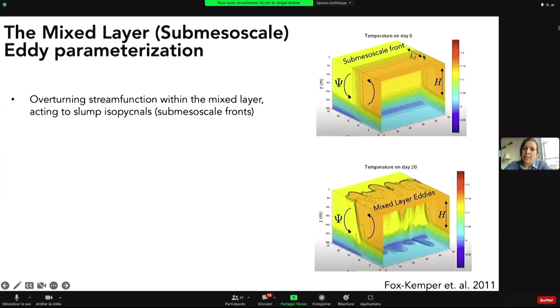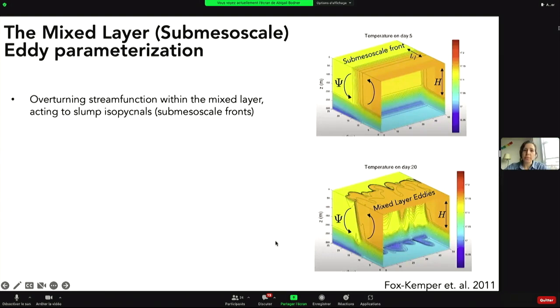It has a frontal width scale of generally L_f that is currently unspecified. And there's available potential energy that's stored in these vertical isopycnals. And the instabilities that form along them, the mixed layer eddies, will release eddy kinetic energy in the process. And this leads to positive restratification, positive buoyancy fluxes. So this overturning stream function is essentially representing the effects of these positive fluxes that are formed by the mixed layer eddy.